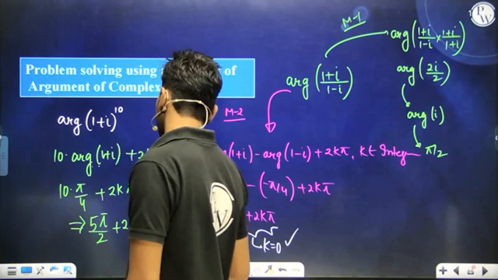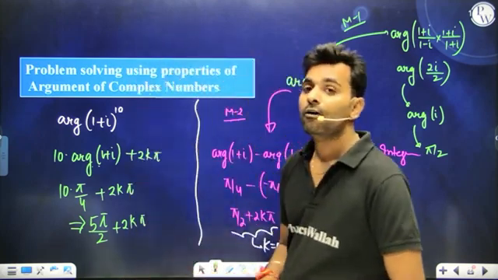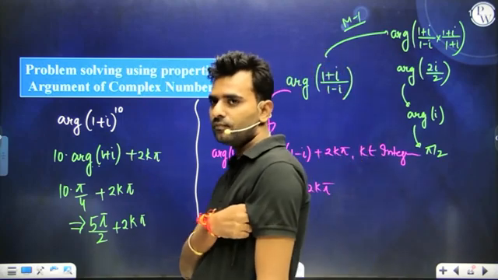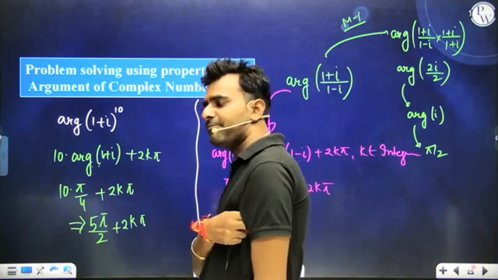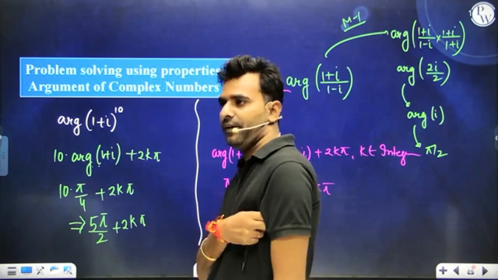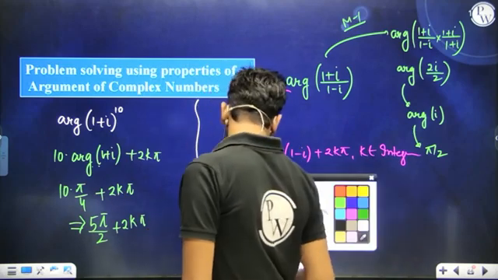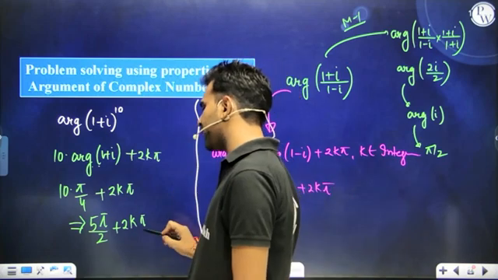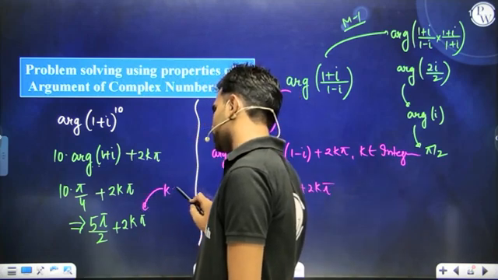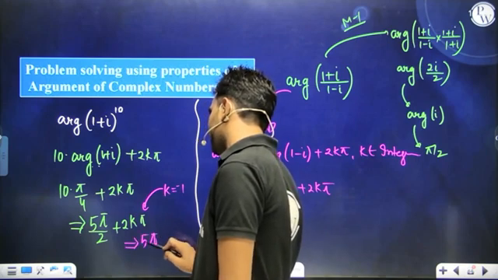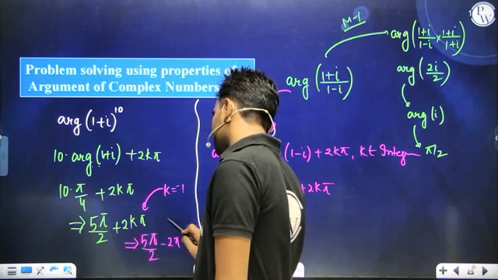Now 5 pi by 2 is 2.5 pi, that is 2 pi plus pi by 2. Yes or no? So over here, if you want to bring it between minus pi to pi, we need to take k as minus 1, because the moment we take k as minus 1, this value is going to be 5 pi by 2 minus 2 pi, which equals pi by 2.